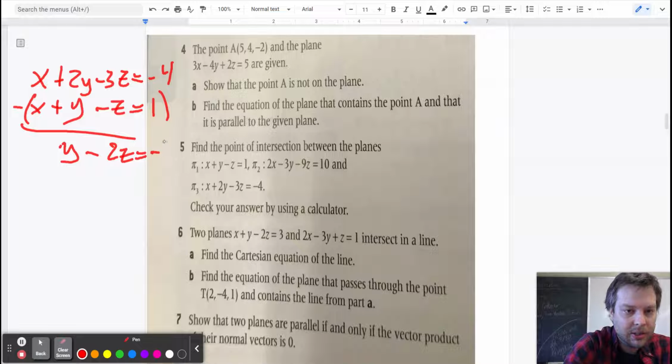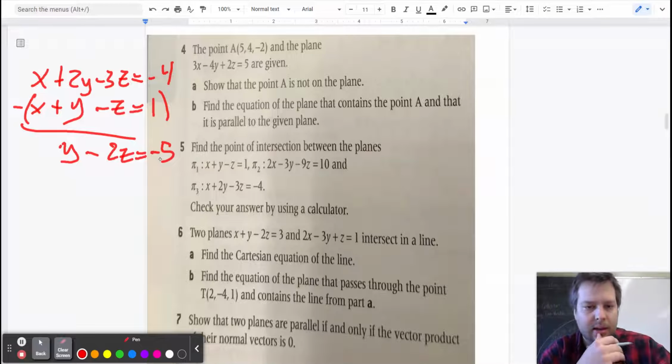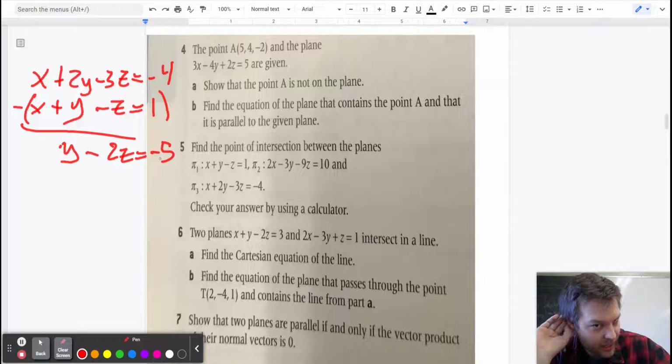So y minus 2z equals negative 5. Great. And then that gives me a substitution that I can use later.